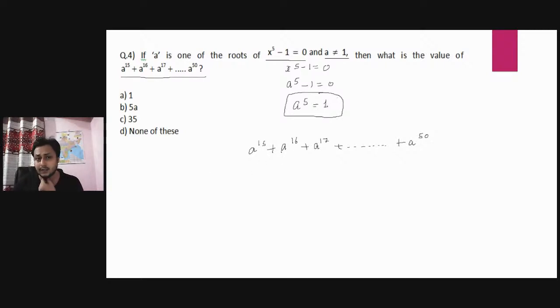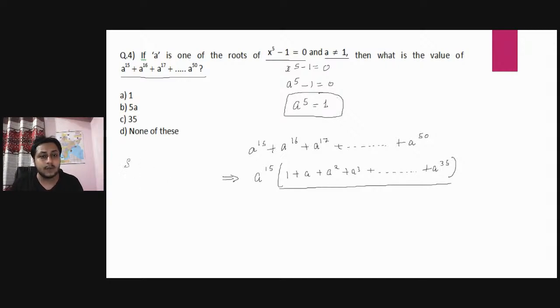First term a power 15, or first simplify, take a power 15 common, what you will get: 1 plus a power 2, similarly a power 3 up to a power 35. Got it?